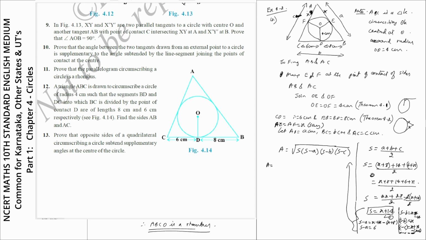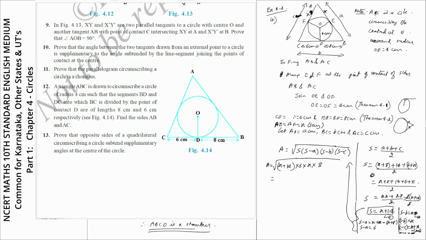The area of the triangle is given by the square root of S into S minus A into S minus B into S minus C. S I got as X plus 14, into S minus A I got as 6, into S minus B I got as X, and S minus C I got as 8.